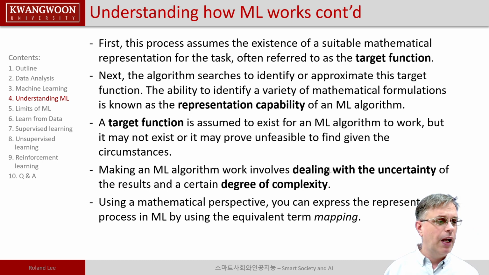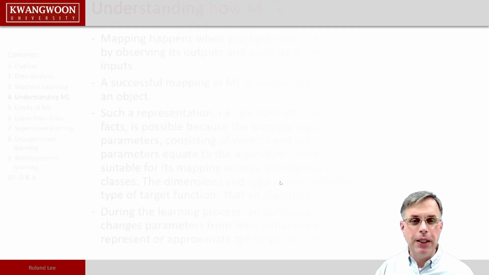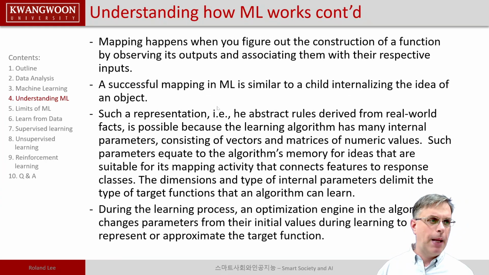Making a machine learning algorithm work involves dealing with the uncertainty of the results and a certain degree of complexity. And we talked about mapping as well. Mapping happens when you figure out the construction of a function by observing its outputs and associating them with the respective inputs.